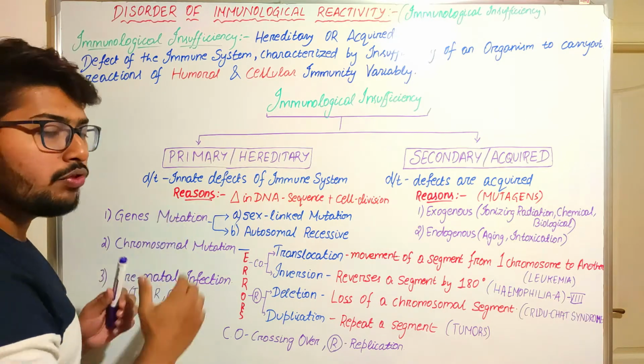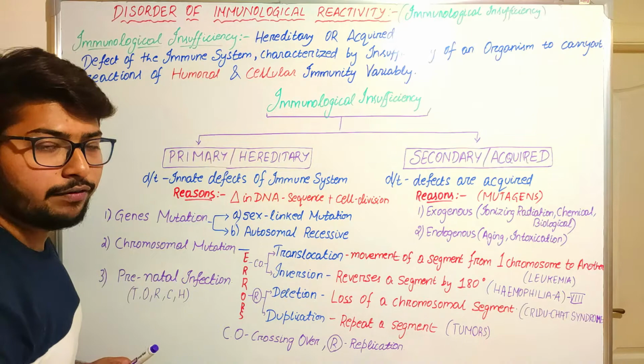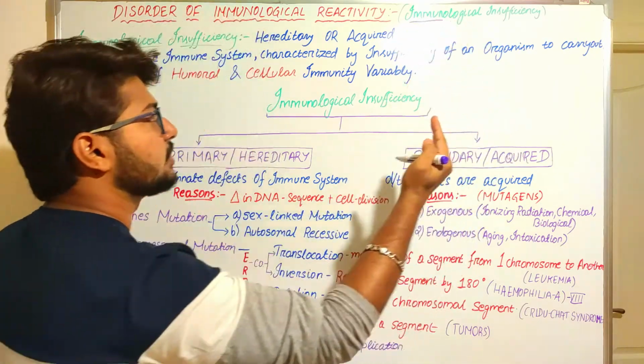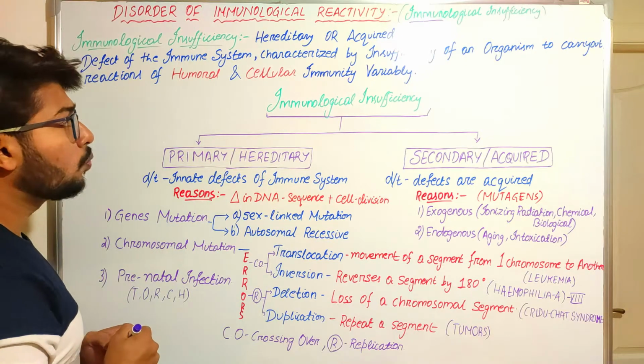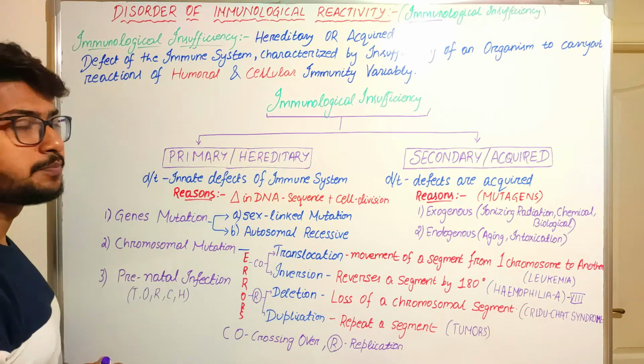Okay, so if there will be problem or disorder in this immunological reactivity, then we will call it as immunological insufficiency. Okay, so what is the definition of this immunological insufficiency?